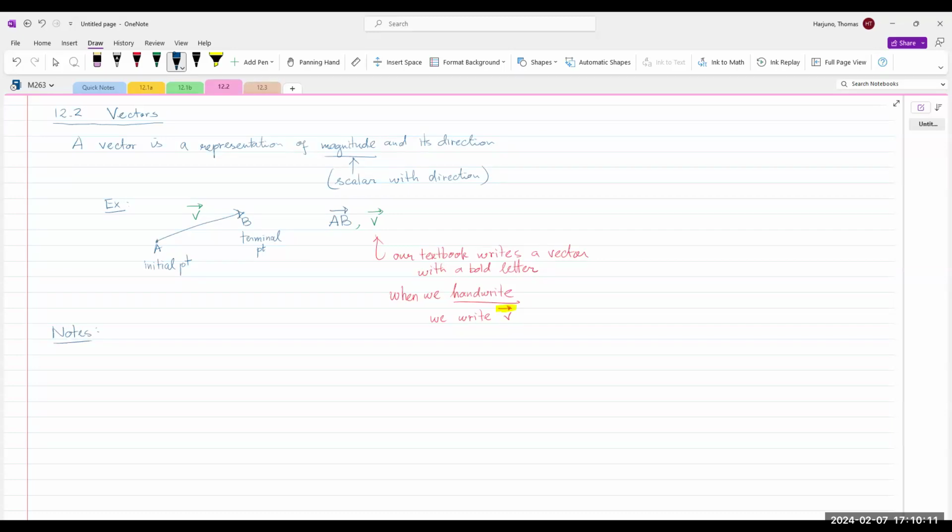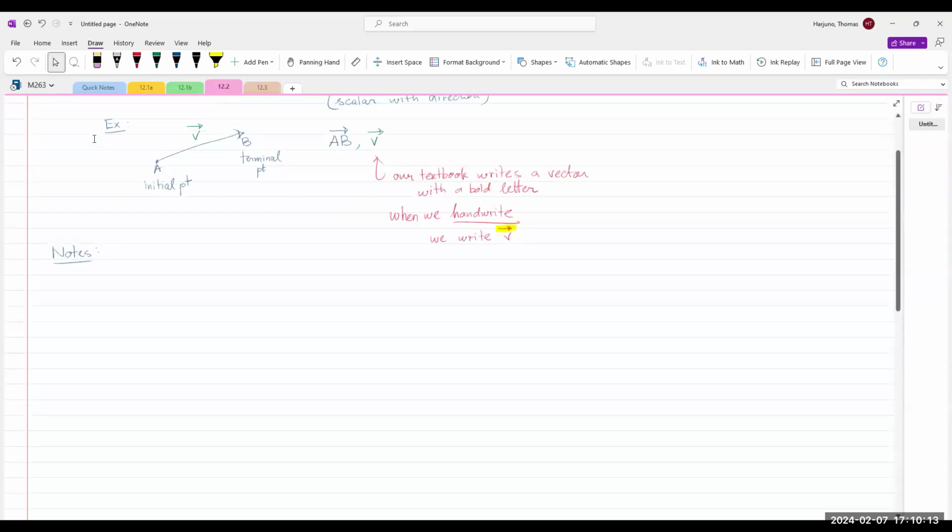First one, vector V is equal to vector W. Two vectors are equal to each other if and only if they have the same length and the same direction.